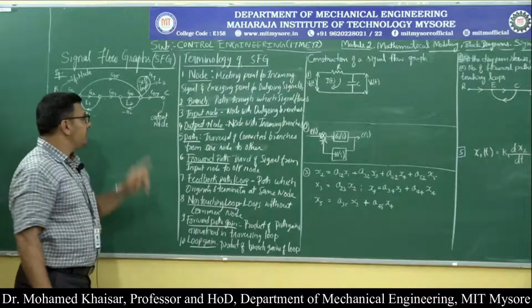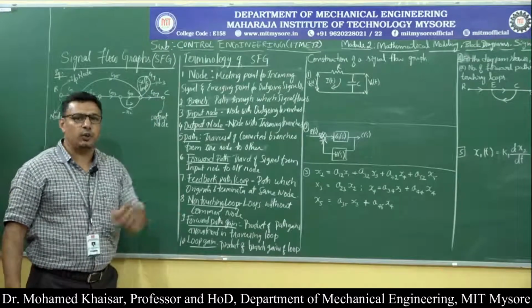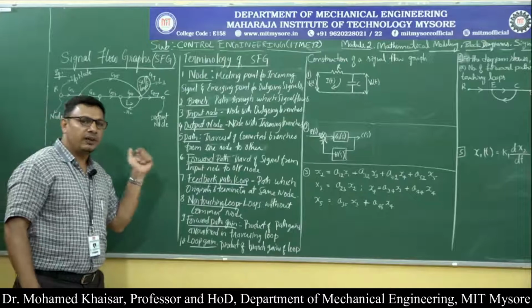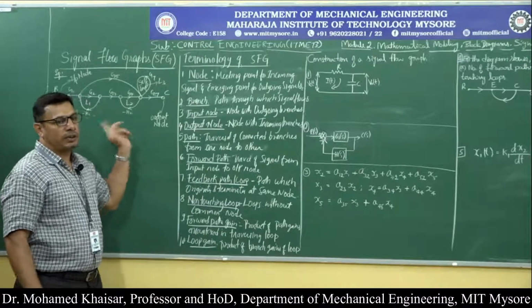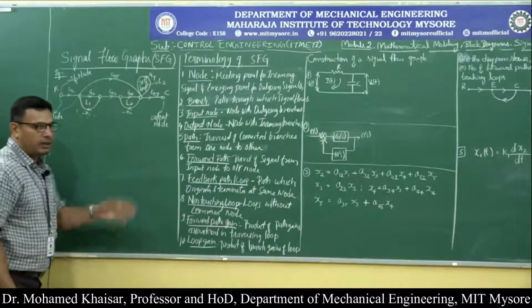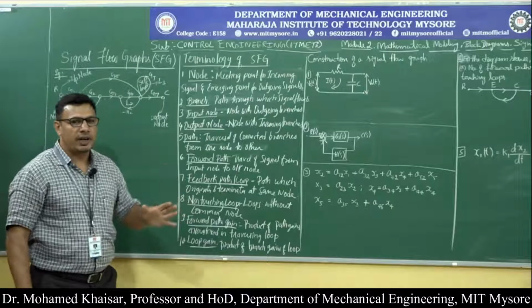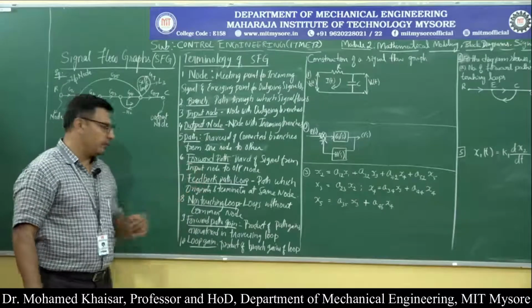Therefore, L2 and L3 form a pair of touching loops, because there is a node common between both. That is what is meant by non-touching loops: the non-touching loops are those loops which will not have any common node between them.